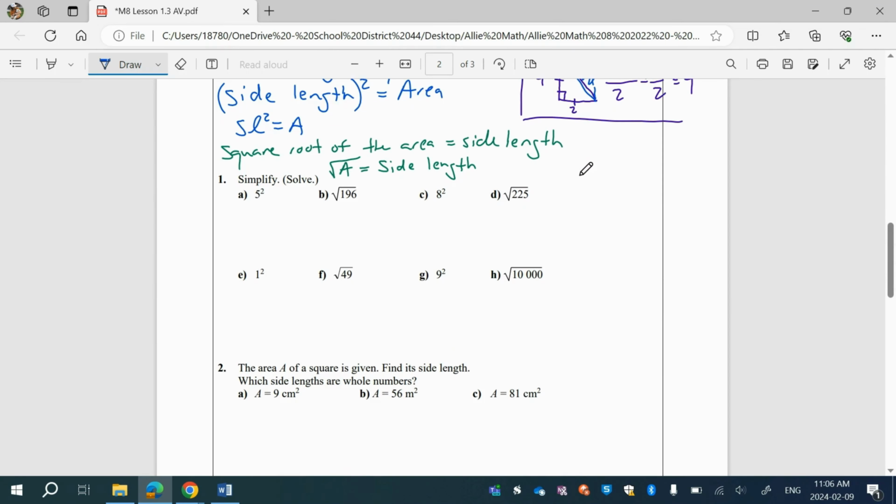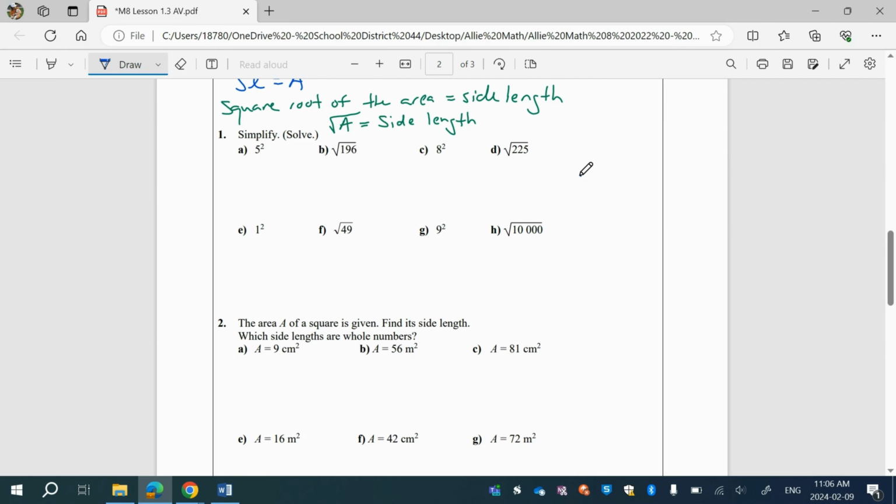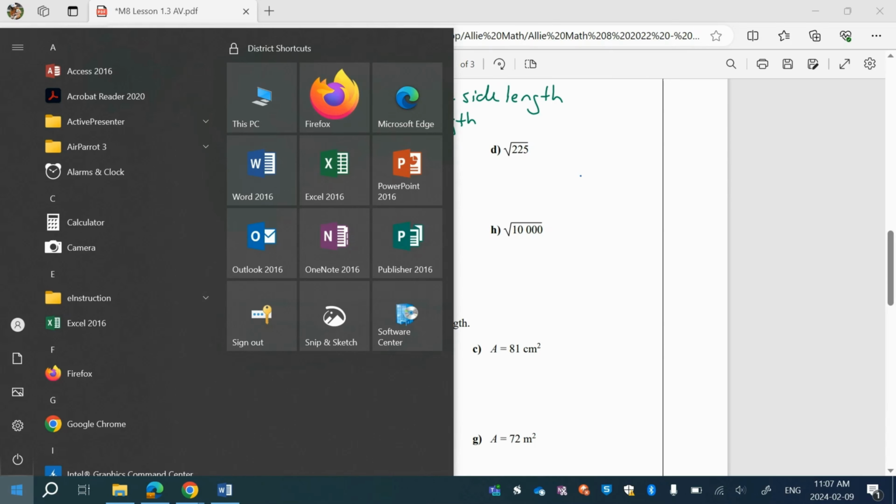So let's go. This part is just maybe a bit of review. So 5 squared, remember 5 times 5, that's what that squared means. It means times itself, 2 of them, equals 25. This square root is asking us what times itself equals 196.